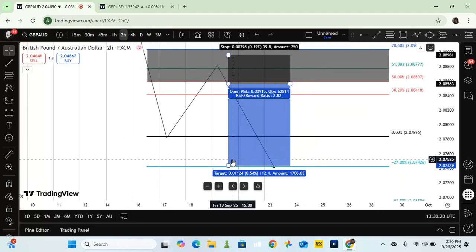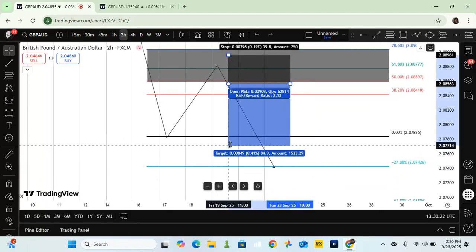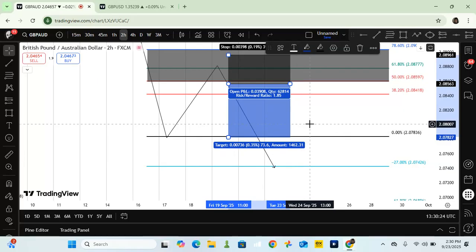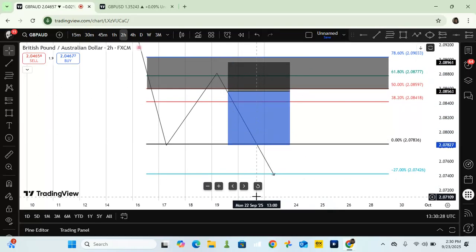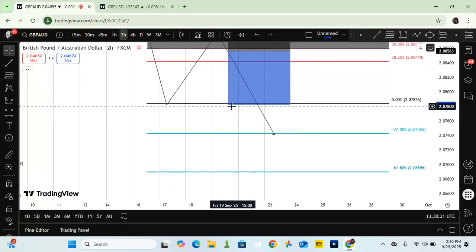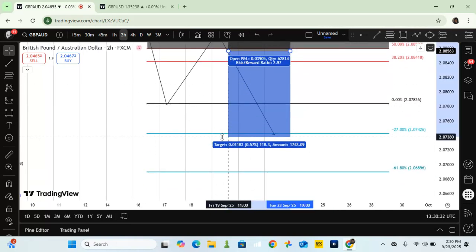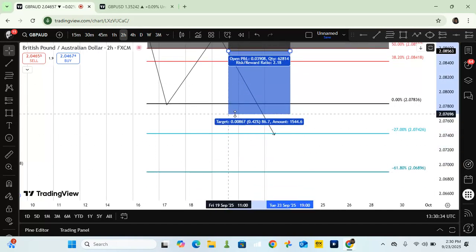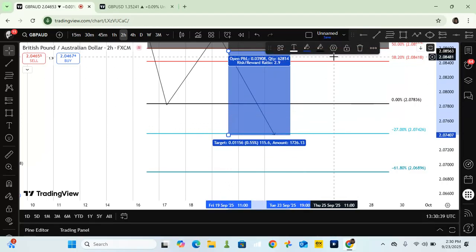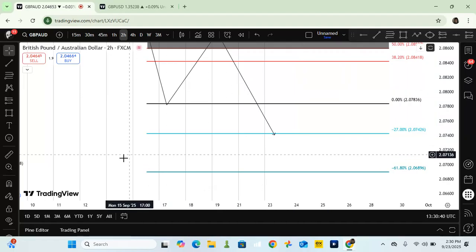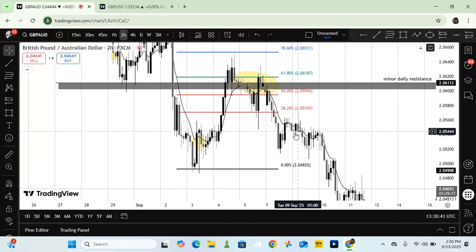But at first you need to just set it to this 0.00 because most times the market stops here, then goes all the way up and retraces. But most times the market breaks it and comes down here. Just know that okay, these are good take profit zones right here. So let's head to the charts and let me show you examples.